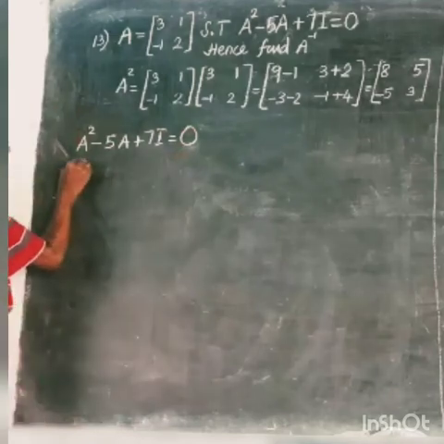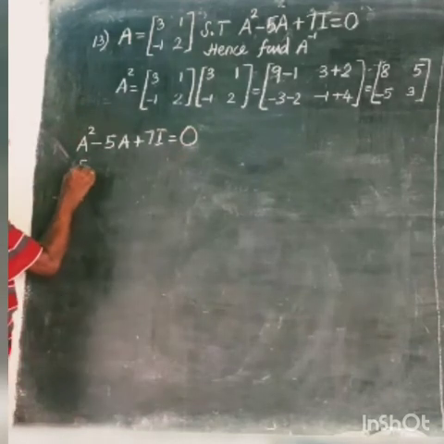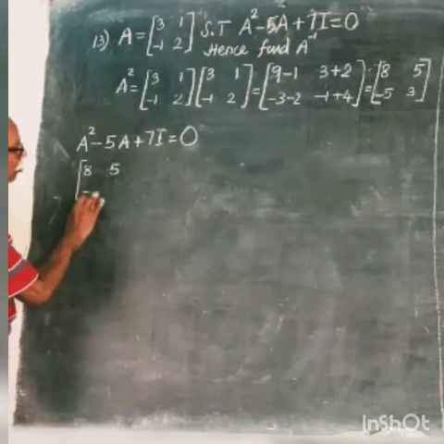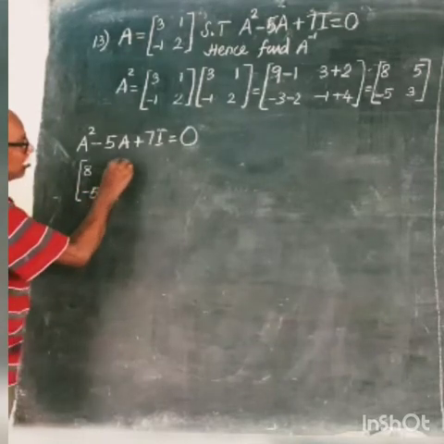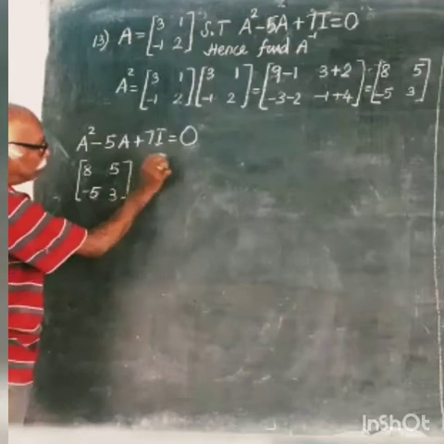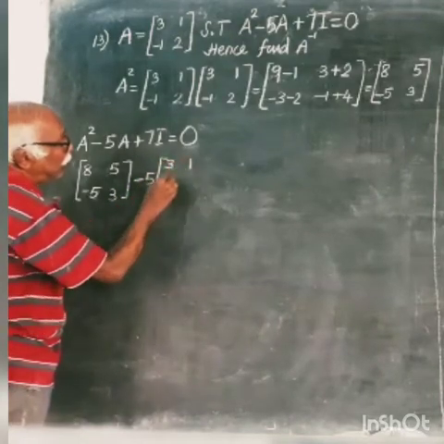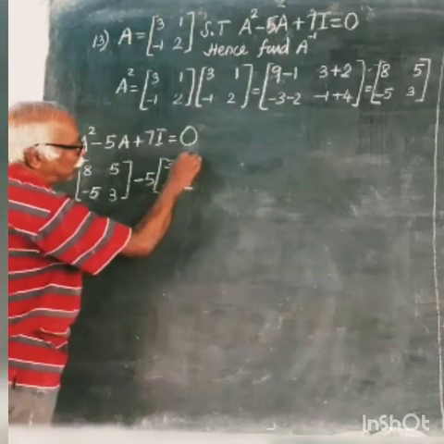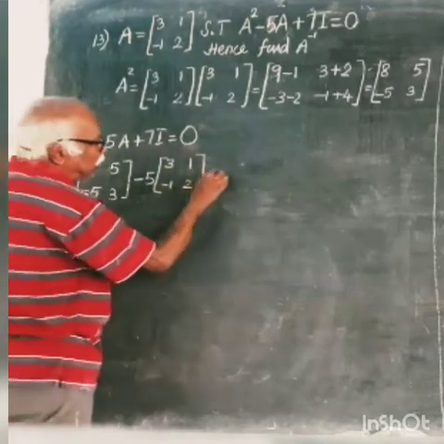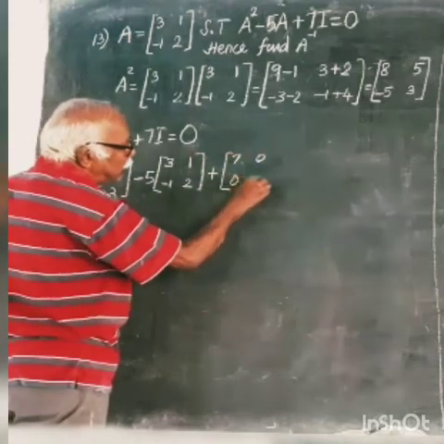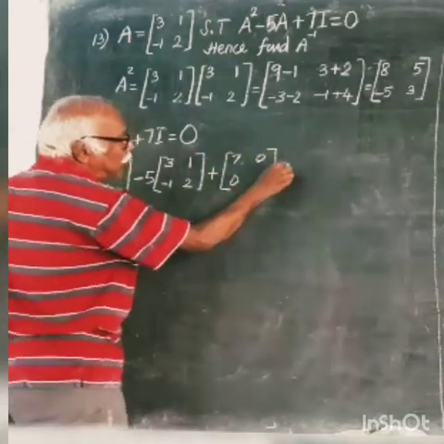Then we'll substitute into A square minus 5A plus 7I is equal to 0. A square is [8, 5; -5, 3], plus minus 5 into [3, 1; -1, 2], plus [7, 0; 0, 7], equal to null matrix.